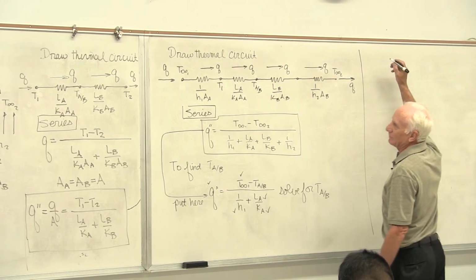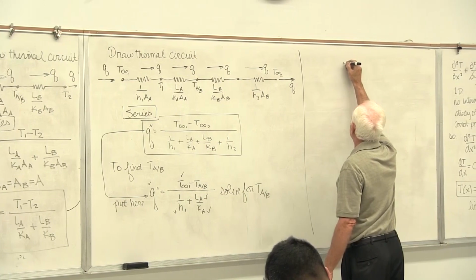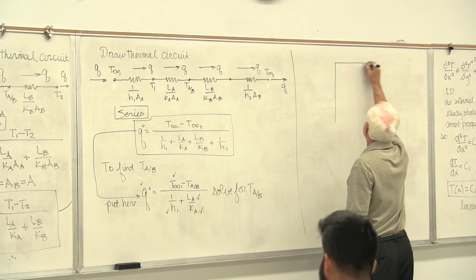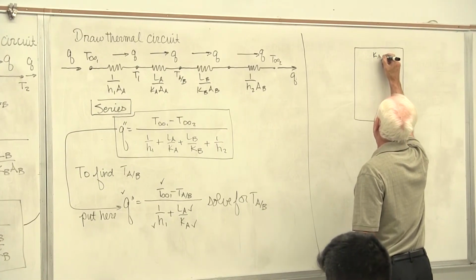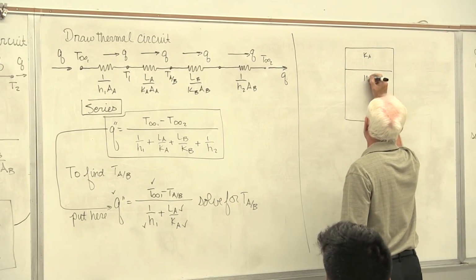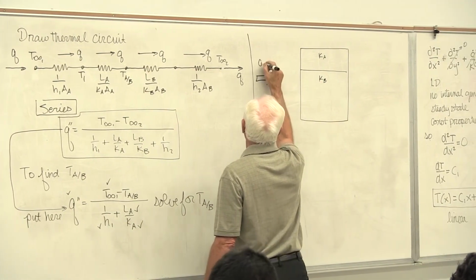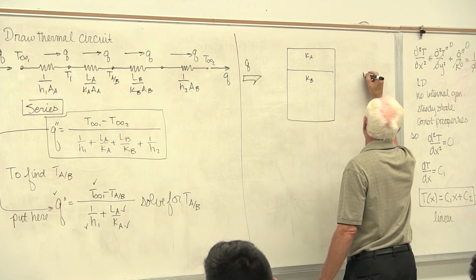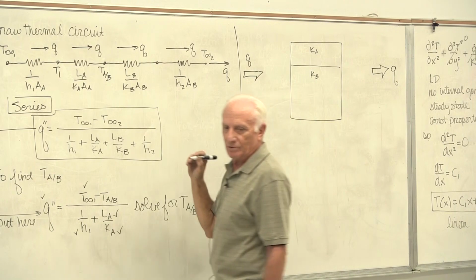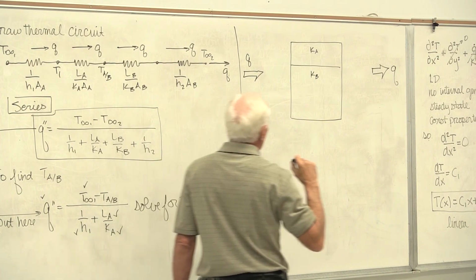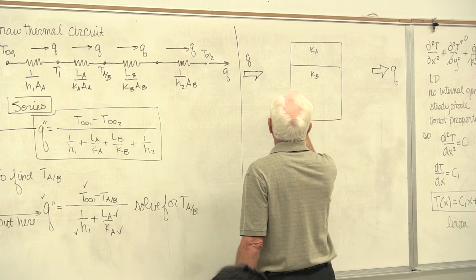Let's do this one. Okay. Again, a composite wall looks like this. But now we have material A up here and material B down here, and now we have a heat flow Q coming in and a heat flow Q going out. They're the same, steady state, no generation. I'm going to call this temperature T1.